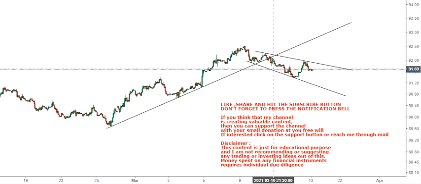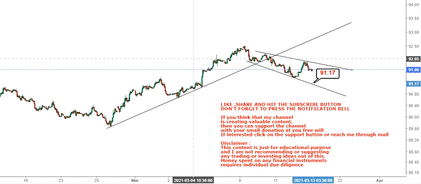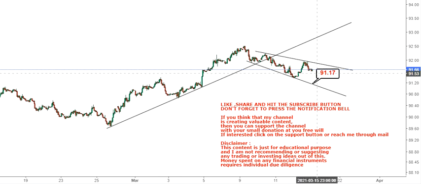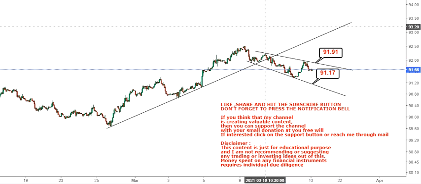Now if you are looking at this chart, what you can see here is, even in the short term, because this is the hourly chart, the currency is at its support at 91.17, and on the upside you have 91.91. So this is the range inside which the currency is currently moving.